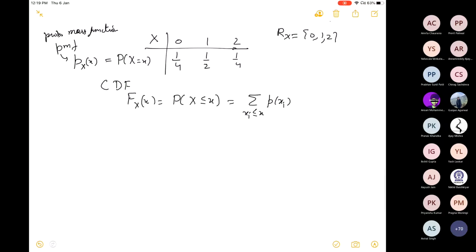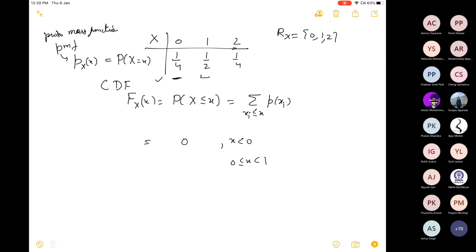So when x is less than 0, the corresponding probability is 0. We have to define it for each value of x. For any value of x greater than or equal to 0 and less than 1, only the point 0 will be there.